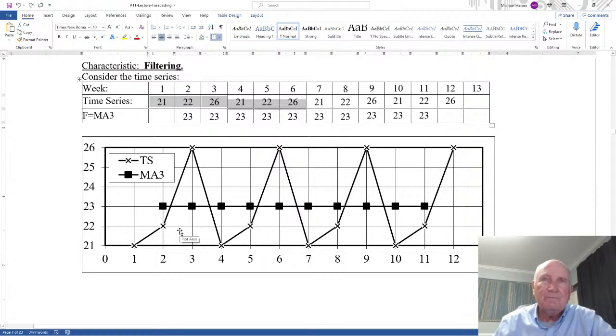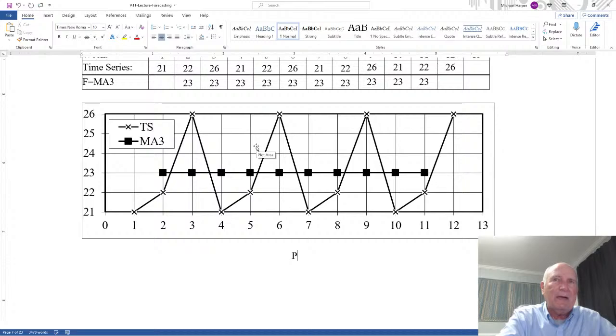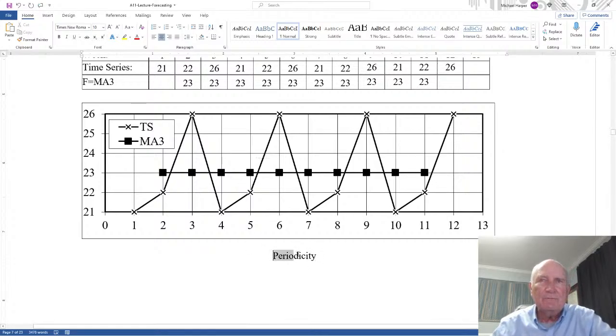Again, terminology. This pattern repeats every 3 data points. The number of points in a pattern is called the periodicity of the component.